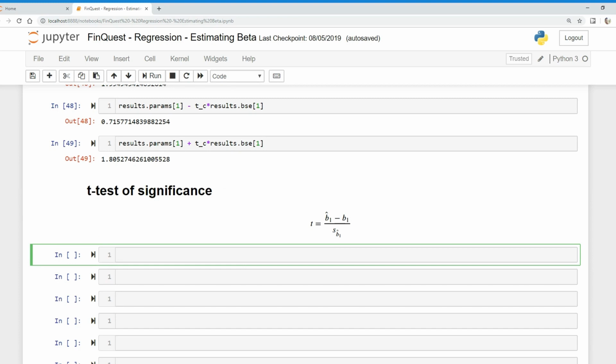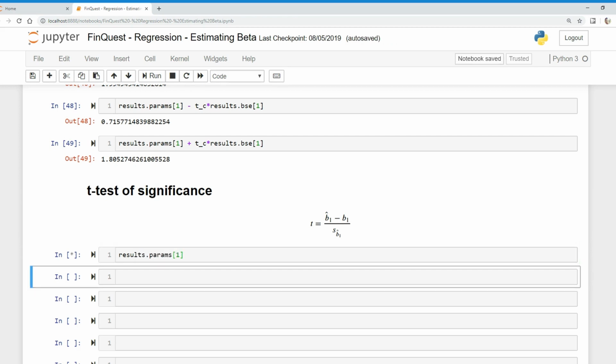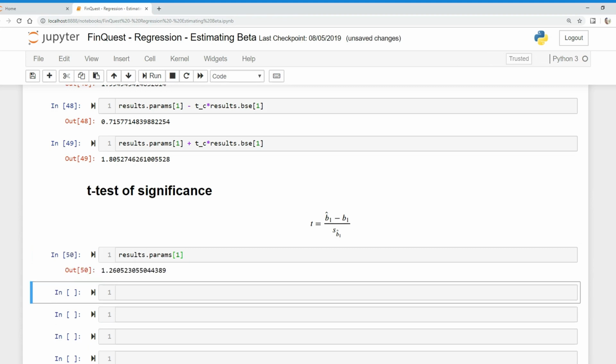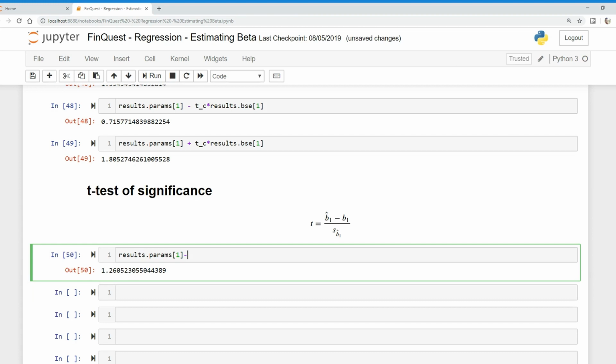So let's substitute the values that we've already obtained. We have results.params, and we're going to look at our estimated coefficient of b1. That's 1.26. Then we subtract that from our hypothesized value of b1, and remember, that is just 1.0.